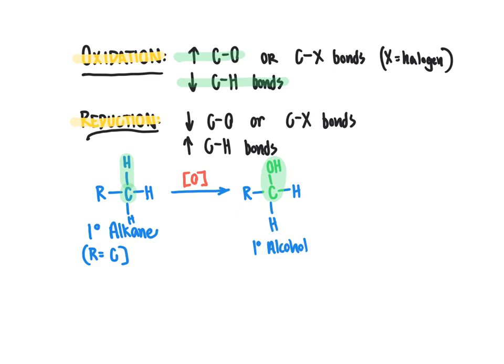We can then further oxidize a primary alcohol by continuing to increase the number of carbon-oxygen bonds that are present. To do that, the hydroxy group gets converted into a carbonyl group.